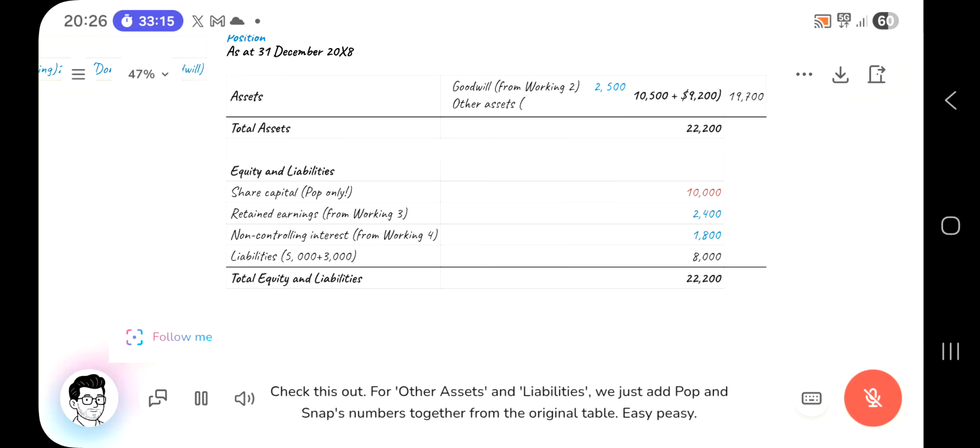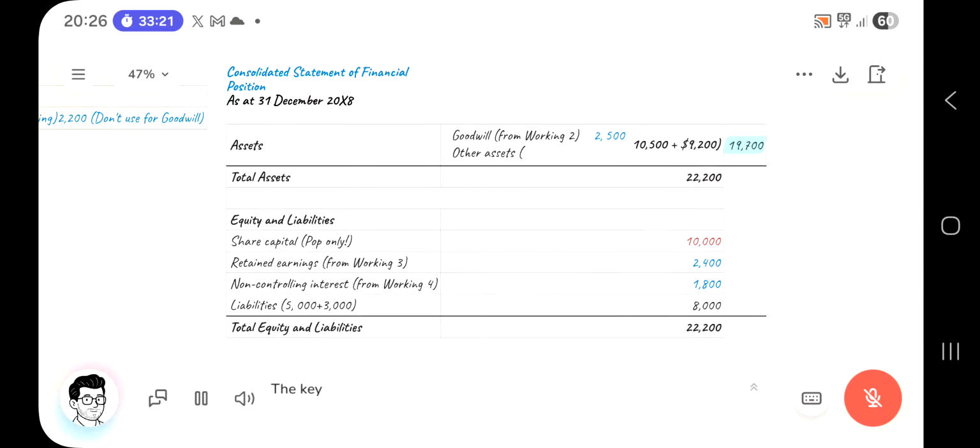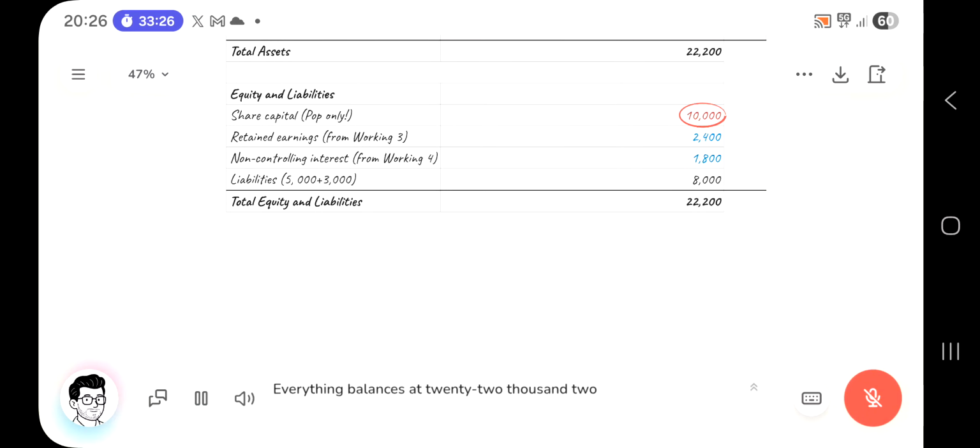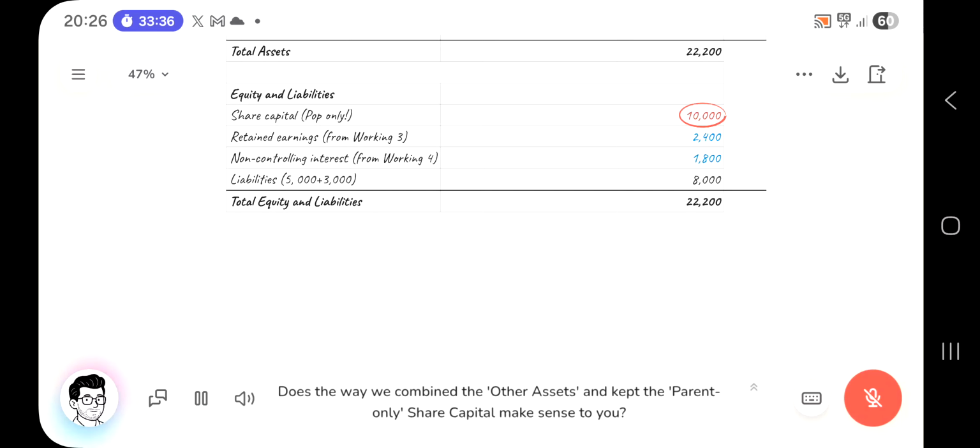We never include the subsidiary's share capital in a consolidated report because that's what Pop bought. Everything balances at $22,200. We did it. Does the way we combined the other assets and kept the parent-only share capital make sense to you?